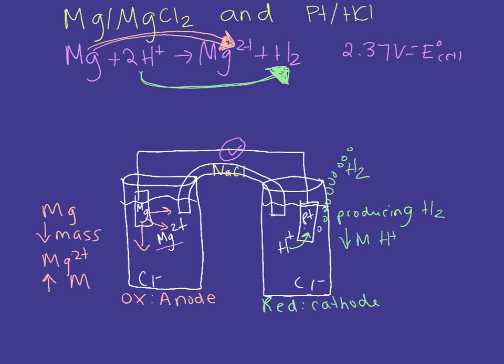Okay, so let's come over and label the salt bridge. So for the salt bridge, the Na is moving, because that's your cation, it's moving towards the cathode to replace the H+ that's getting lost, because that's decreasing. And the Cl-, which is the anion, moves towards the anode. That would be helping to balance out the extra Mg2+, which is created.